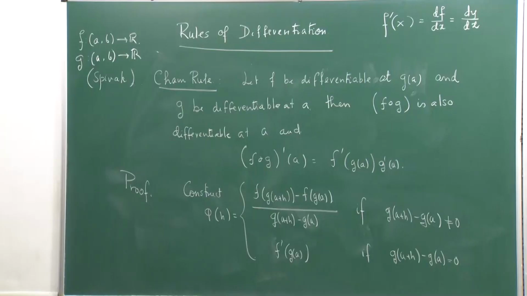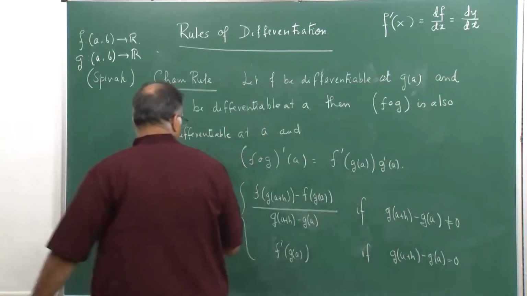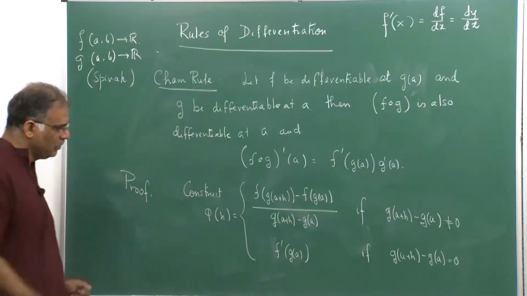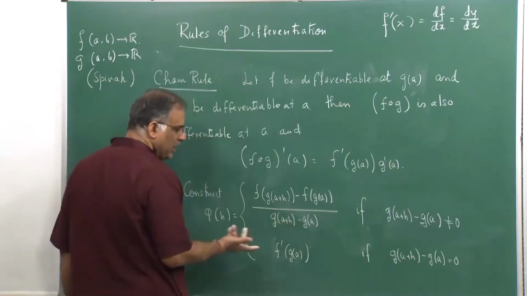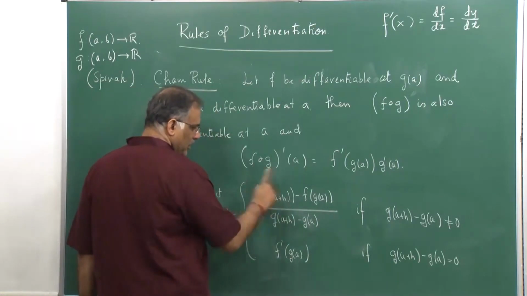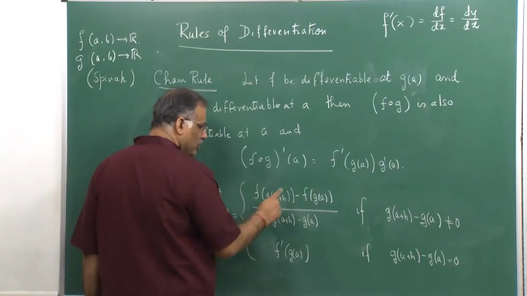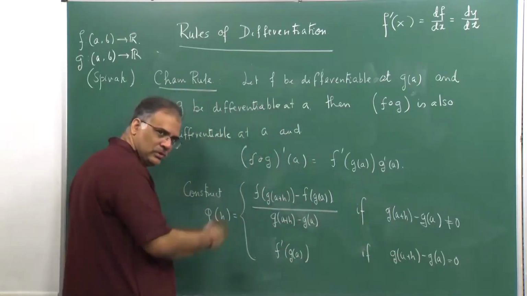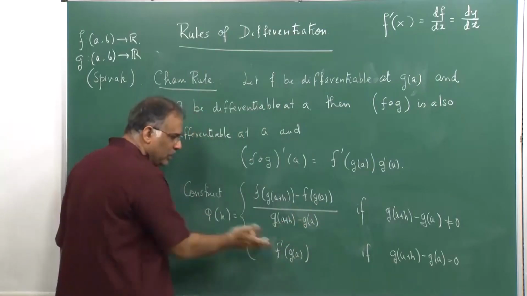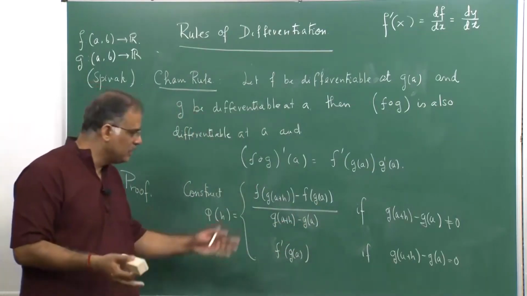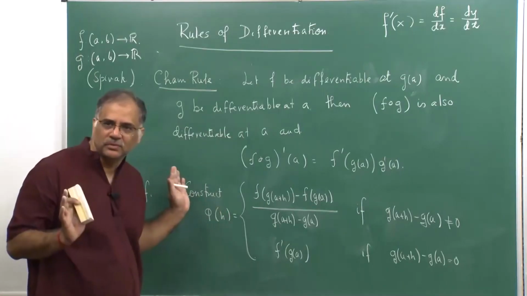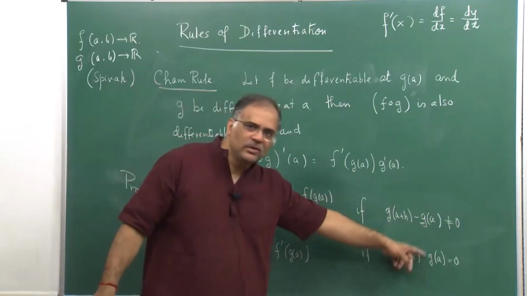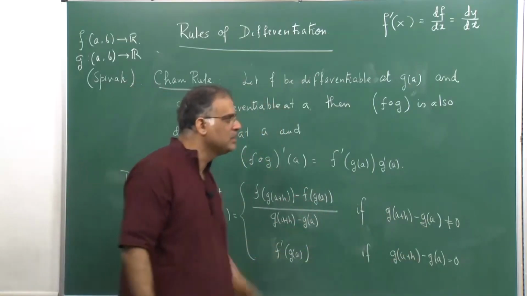If h goes to 0 and this is not equal to 0, this is nothing but f dash g of a, and if this is 0 it does not matter, if h goes to 0 and this continues to remain 0 then also the limit is nothing but f dash g of a. So, this is phi of 0. Whenever h is 0 this is 0, so you will always have this. So, phi is continuous at 0.